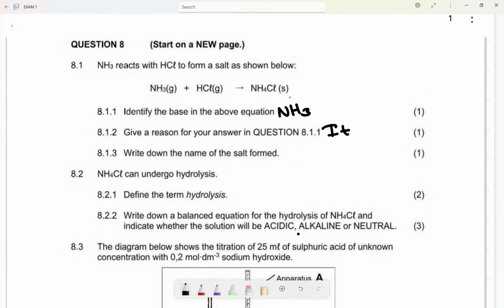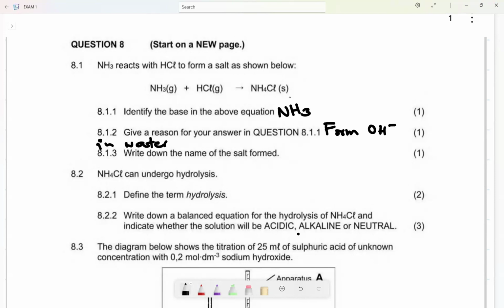Remember, a base, according to Arrhenius, is a substance that dissociates in water to form hydroxide ions, or rather, a substance that forms OH minus in water.